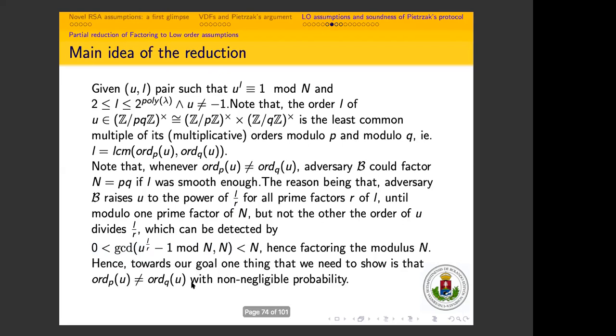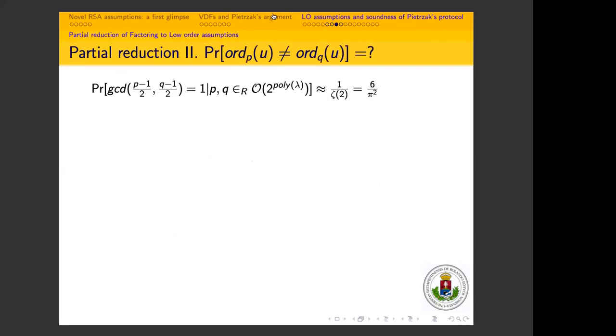So now we need to establish two things. The first thing is the probability that the order of PU does not equal the order of QU, and it's kind of easy. We want to find prime factors where this cannot be the case at all. This holds whenever (P minus 1) divided by 2 and (Q minus 1) divided by 2 do not have any common factor at all.